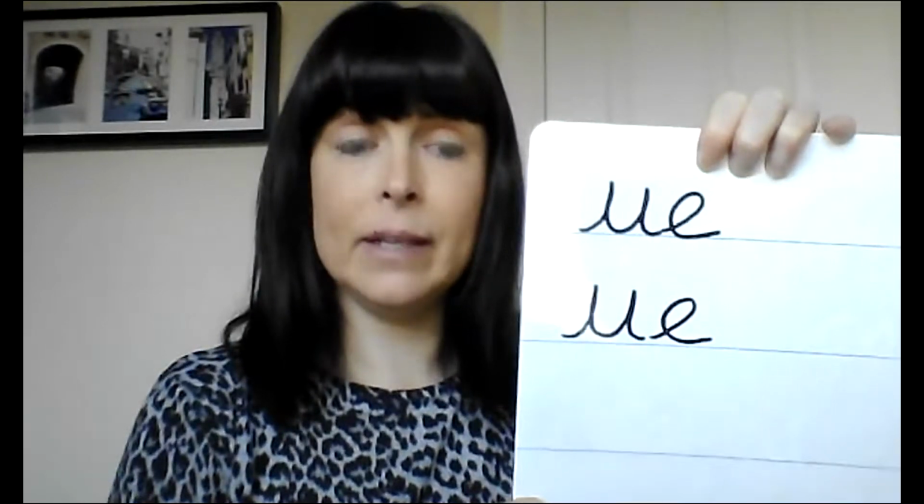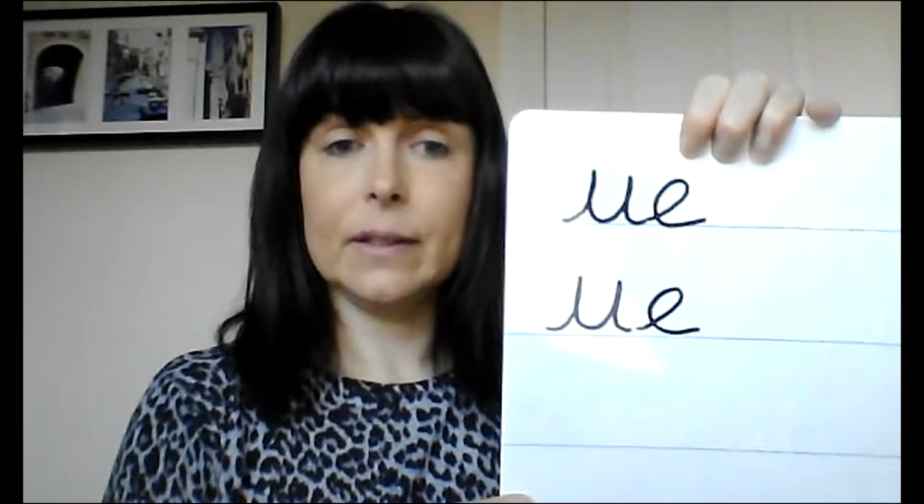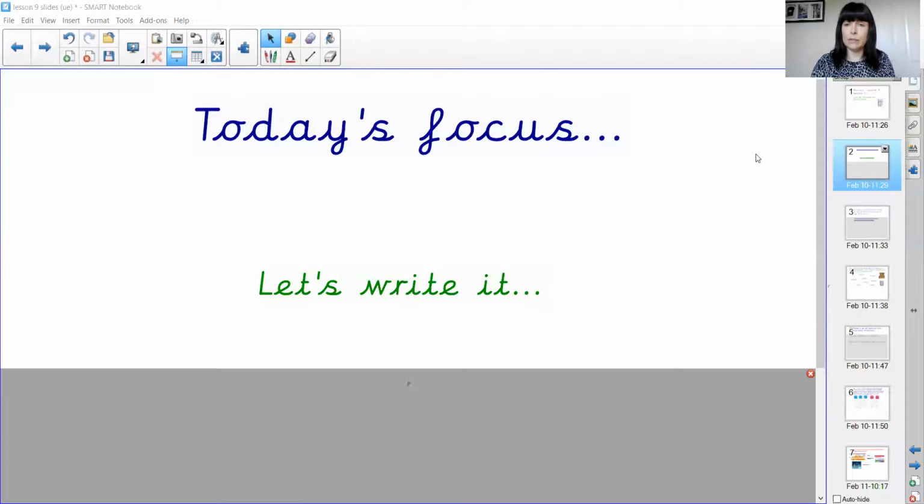Hopefully you've had a go at writing that. If you haven't, get a piece of paper, just practice those two letters together to make that digraph. Good job. Okay. You might be able to think of any words, any examples that are using those U or oo sounds. To give you a clue, they often come at the end of words.